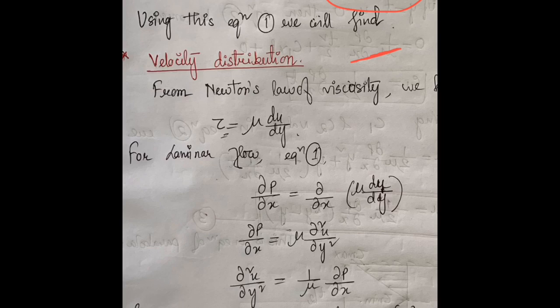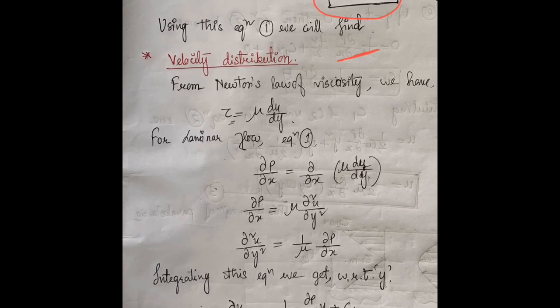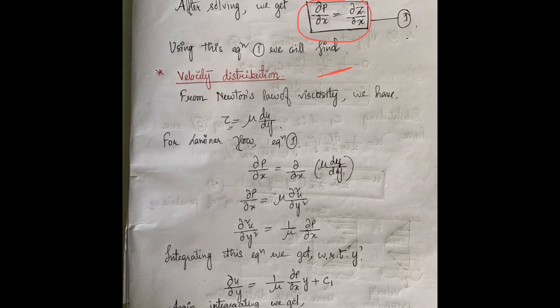Whatever we have found from Newton's law of viscosity is tau equal to mu du by dy, or you can say mu del u by del y, for laminar flow. If you put this value in equation 1, then you will get del p by del x equal to del by del y of mu del u by del y.